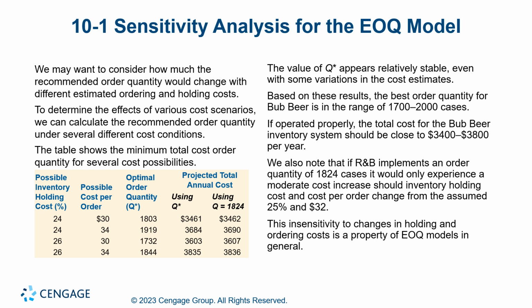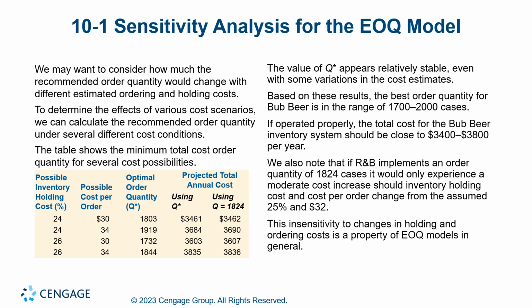Therefore, we might want to consider how much the recommended order quantity would change with different estimates of ordering and holding cost. This falls under sensitivity analysis. To determine the effects of various cost scenarios, we can calculate the recommended order quantity under several different cost conditions. The table below shows the minimum total cost order quantity for several cost possibilities.